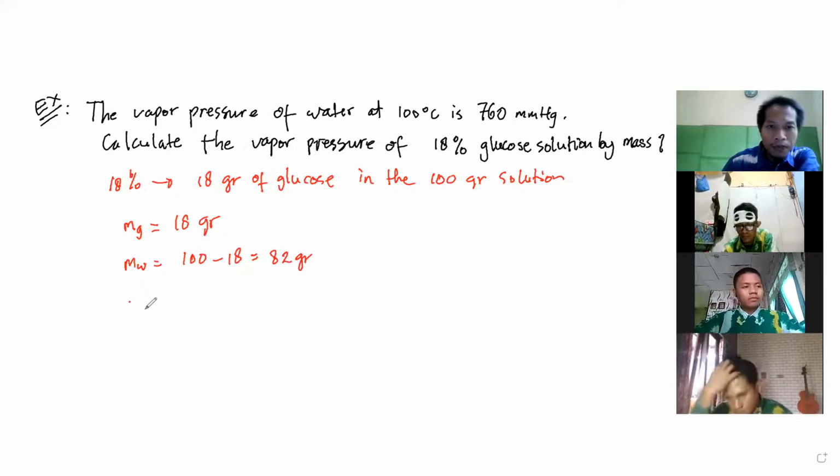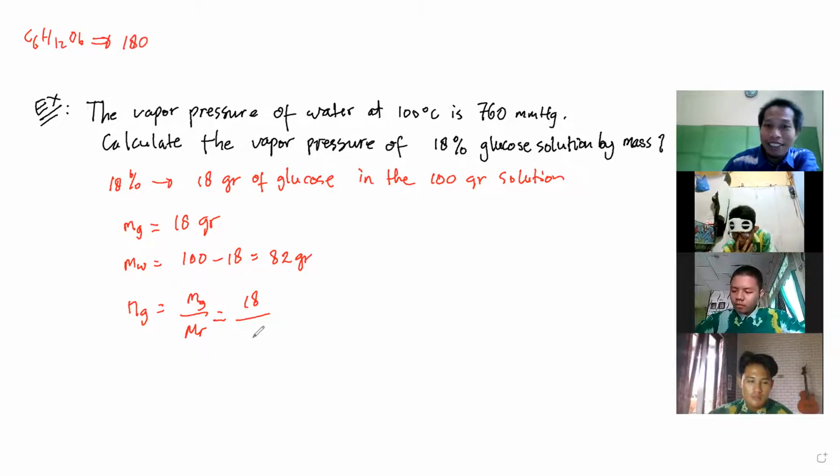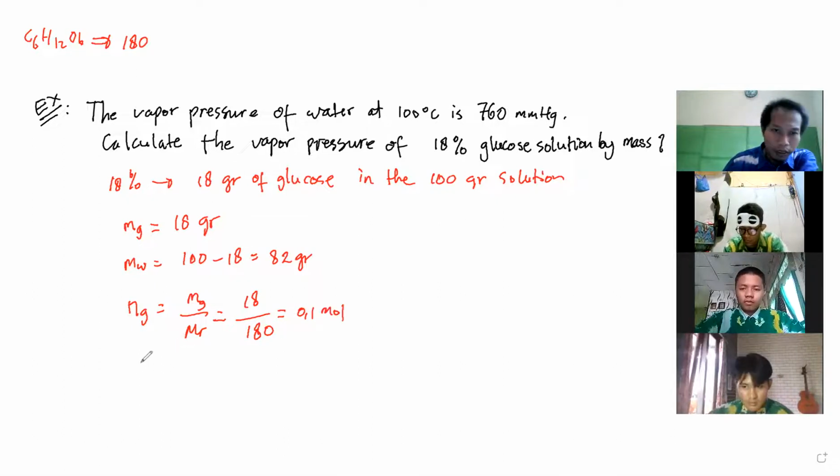From here, I can find the mole of glucose, which is equal to the mass of glucose divided by Mr. The mass of glucose is 18 gram, and the Mr of glucose, C6H12O6, when you calculate this one, the Mr will be 180, isn't it? So I can put here 180, so I got 0.1 mole of glucose.